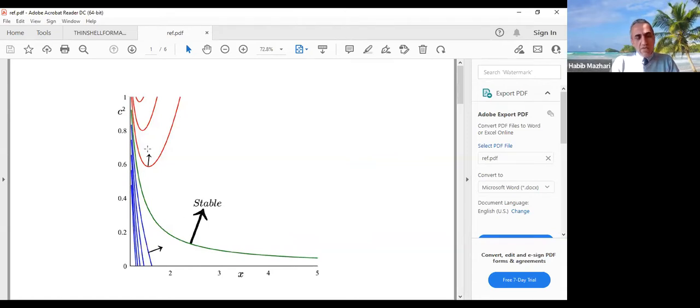Then when you consider your equation of state with R dependence, you see the blue one. The blue here is beta equal to minus 0.1. So the derivative of P with respect to R is negative.